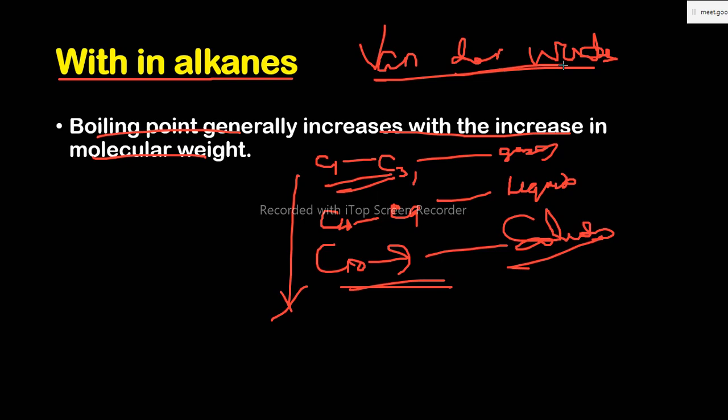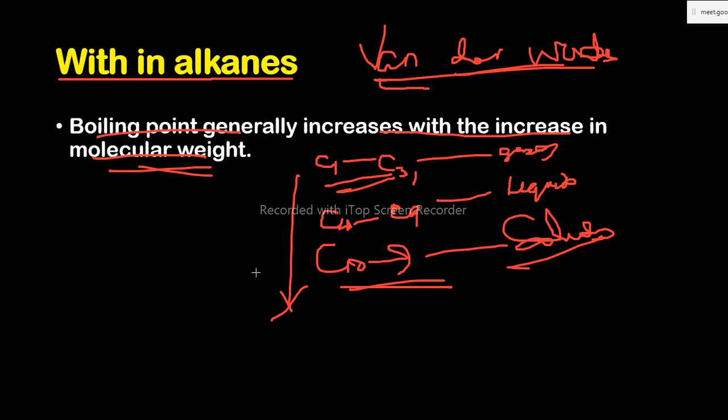So they have those forces of attraction, and the forces of attraction within polar molecules are hydrogen bonds. But with non-polar molecules, such as our alkanes, they have the van der Waals forces of attraction, whose strength increases with increase in molecular mass.